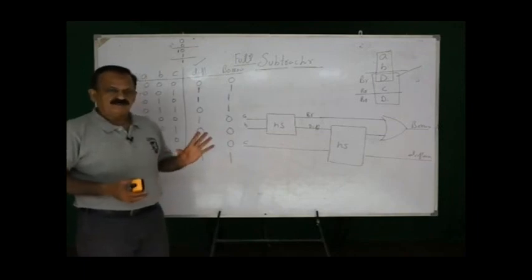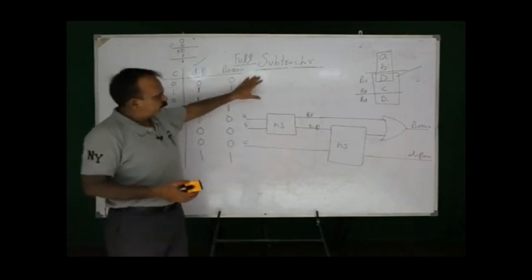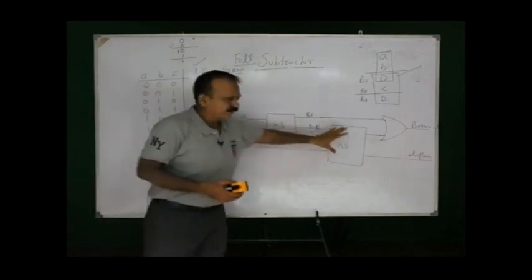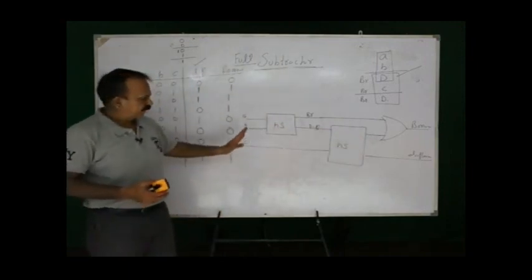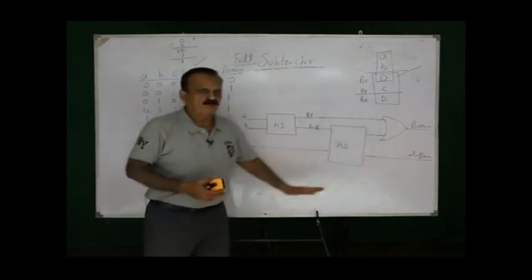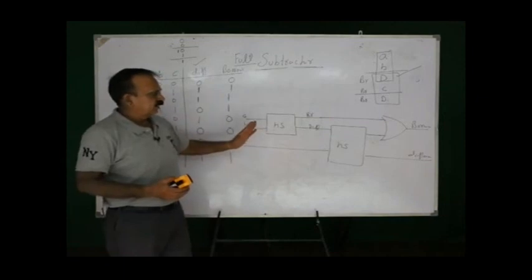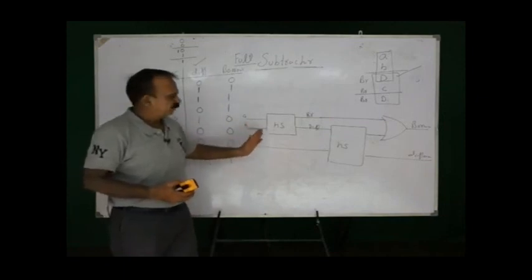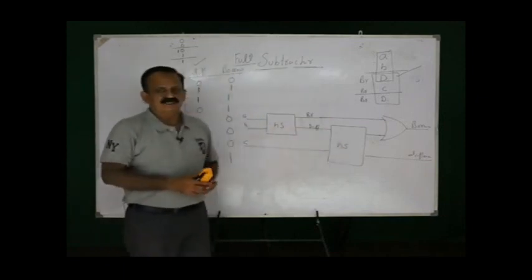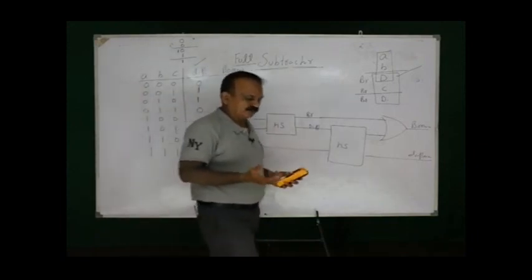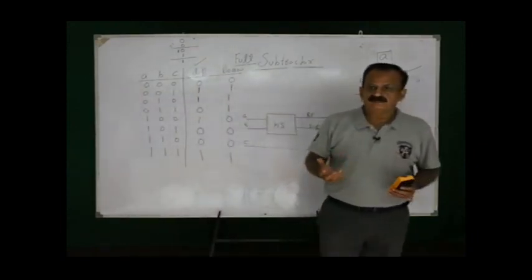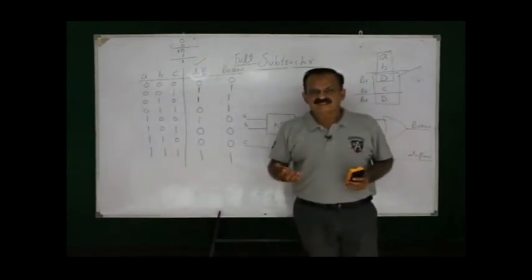Another question can be: how can you implement the full subtractor with the help of half subtractors? Yes, this particular case is where we can implement full subtractor with the help of half subtractor. With these questions there can be an additional one: what is a combinational circuit? What do you mean by a combinational circuit?